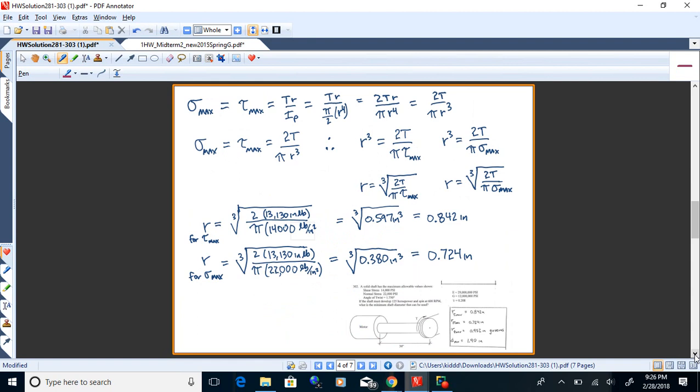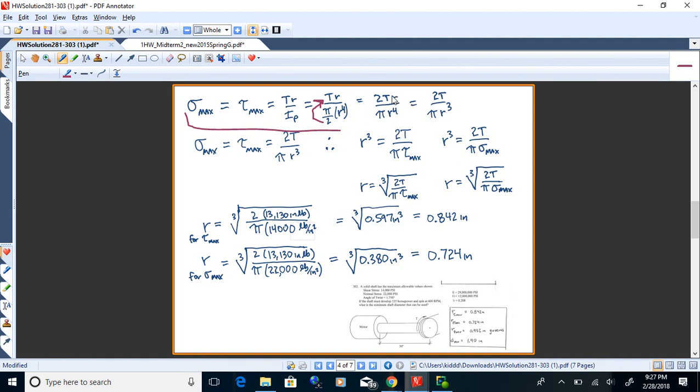All right. Now, once I've got that, I'll use this formula here, and I'm going to solve for the radius of the shaft. Tau max is TR over I. That's also sigma max. They're both equal to that. Now, I is pi over 2 r to the 4. I can simplify that. I'll move the 2 from the denominator up to the numerator. That's 2Tr over pi r4.